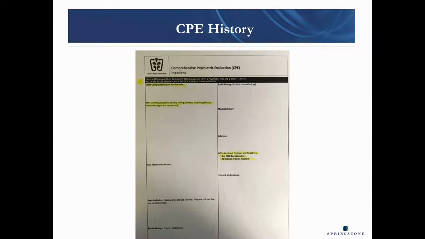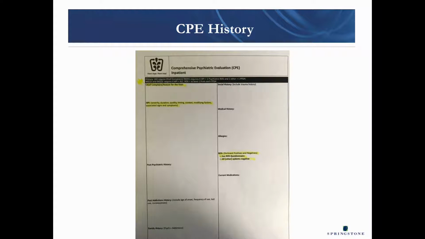I also wanted to call your attention to how all the templates look. They all have these banners in black for each of the three sections, the history, exam, and medical decision making. And if you look at them, you'll see that you can tell exactly what the requirements are based on the level of the code that you've decided to bill.